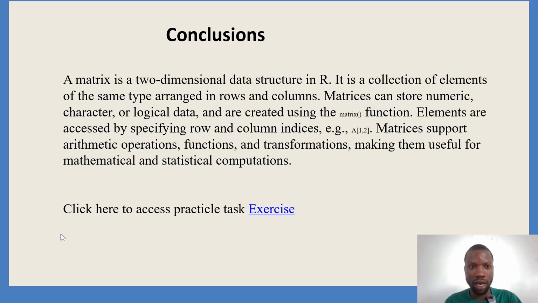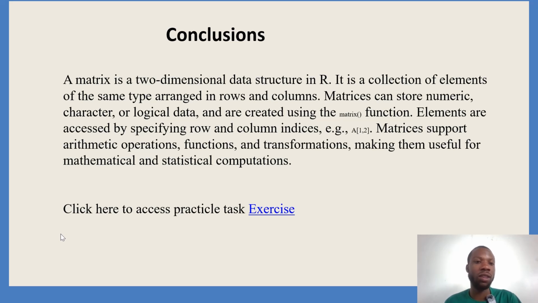So in conclusion, before we go to the practical side: a matrix is a two-dimensional data structure in R, and it also collects elements of the same data type arranged in rows and columns. A matrix can store numeric, character, and logical data, and can be created using the matrix function, or you can use rbind, cbind, those kinds of things we have seen.